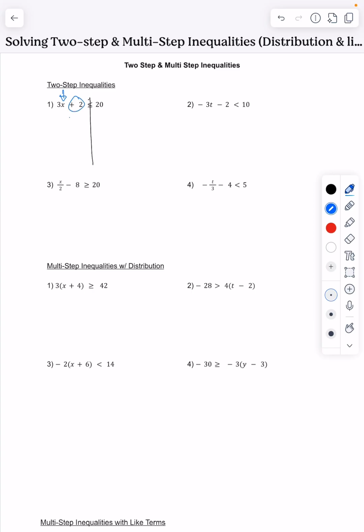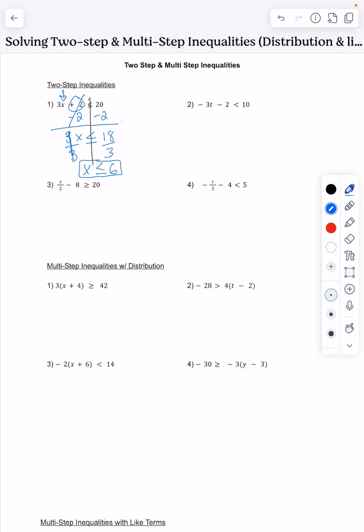The way I do that is subtract 2 from both sides. That's the inverse of positive 2. So these cancel. We get 3x is less than or equal to 20 minus 2, which is 18. Divide by 3 on both sides, and we get that the answers are all the values of x that are less than or equal to 6.